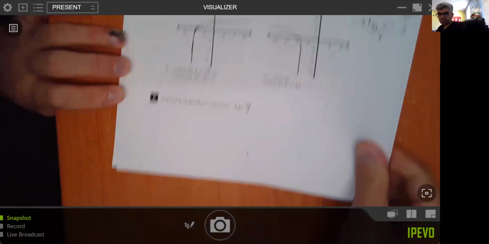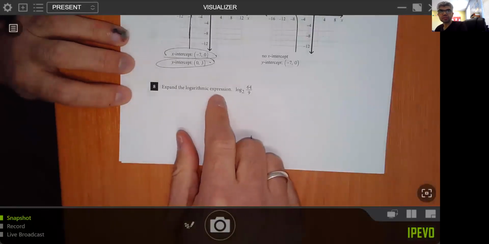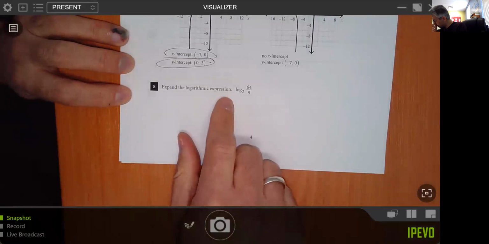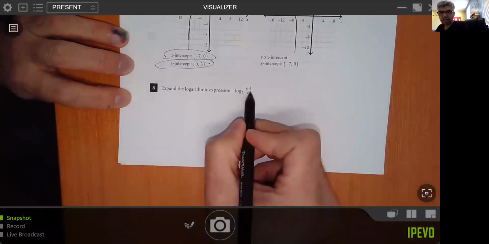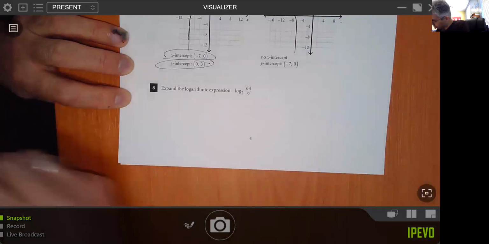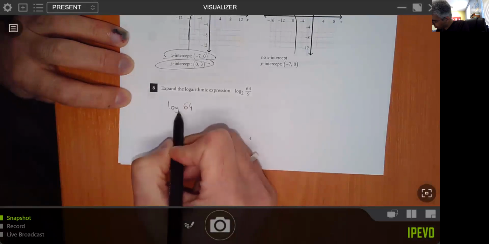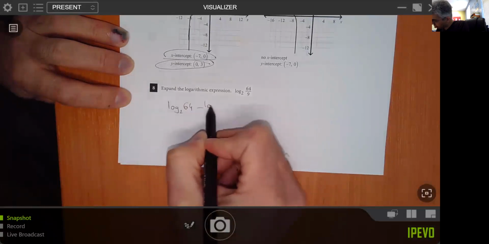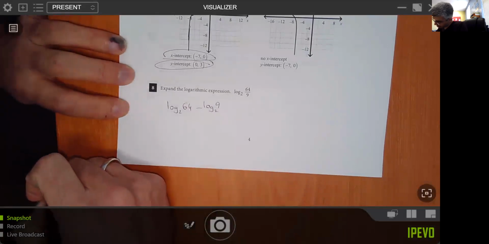Next question, expand the logarithmic expression. The logarithmic expression is, all right, here I see a division. So I write it as subtraction, minus log of 9 base 2.